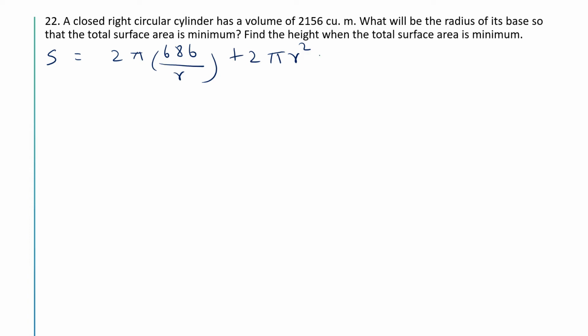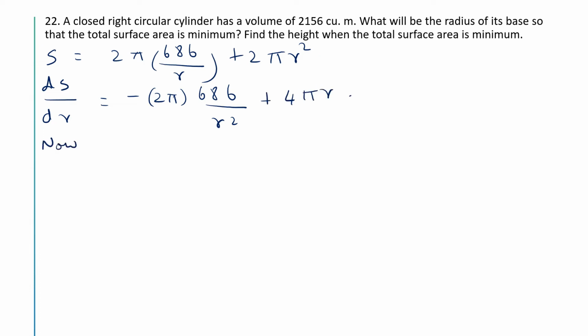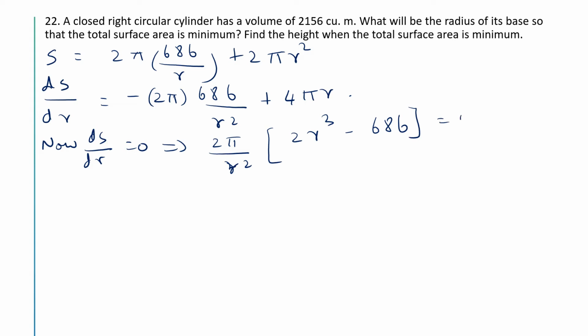Now to minimize the total surface area, we have to find dS by dR equated to 0, find the critical points and find the points of local minima using second derivative test. So dS by dR equal to minus 2 pi into 686 by R square plus 4 pi R. Now dS by dR equal to 0 implies, so here 2 pi by R square is common, we can take it outside, and here we will have 2R cube minus 686 equal to 0.